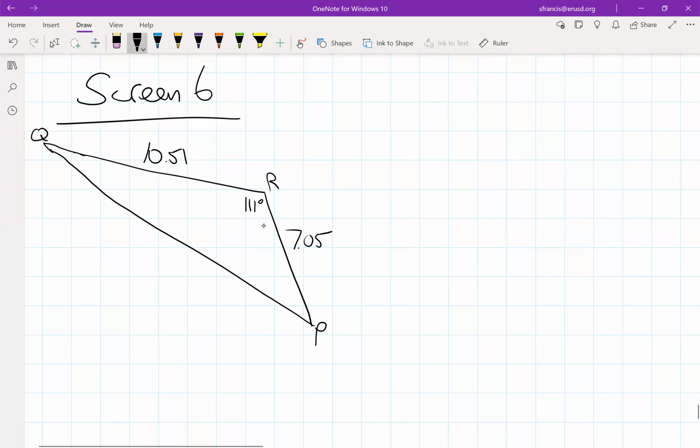So let's call this little r. And r squared is going to be equal to 10.51 squared. I don't like the way my numbers are coming out here.